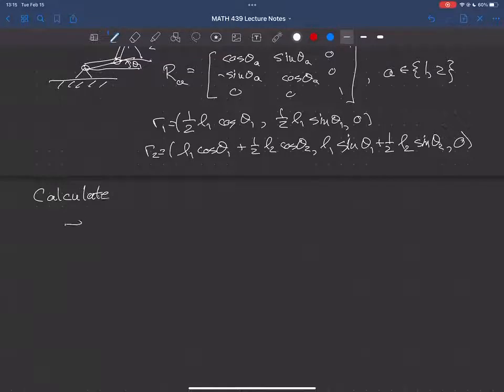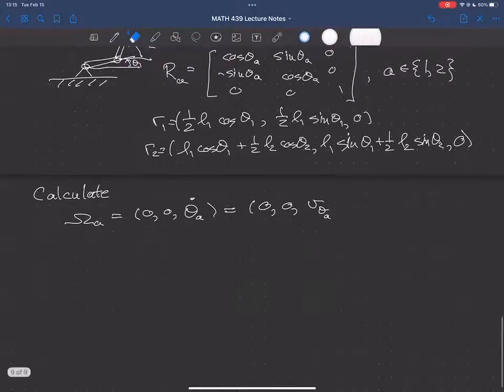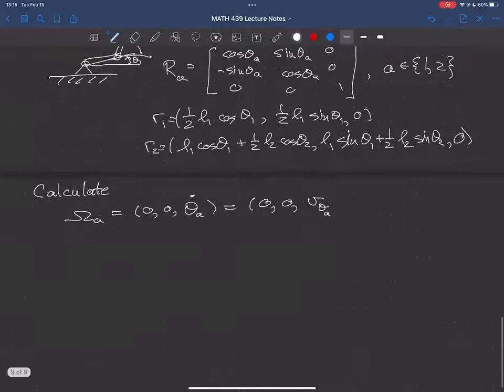Okay, and so omega A is 0, 0, theta A dot, okay? And we can write that as 0, 0, V theta A. And let me maybe just write it as VA, save the theta, since we don't really need it.